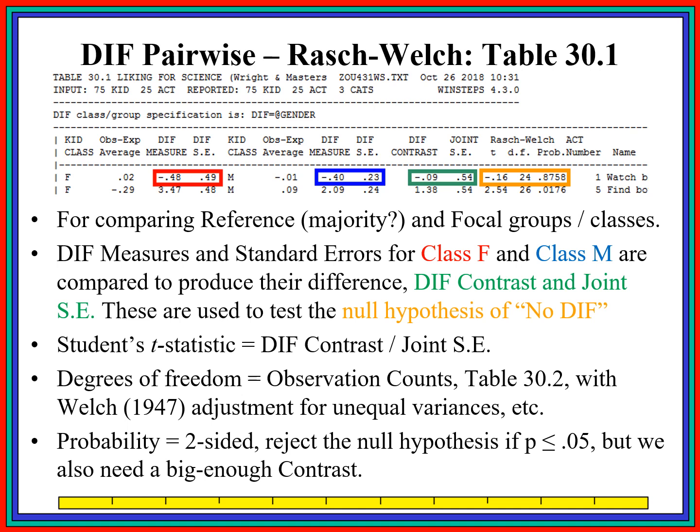And this is the traditional way to do diff analysis. One group is labeled the reference group. It's usually the bigger group, or the group perceived to be advantaged, that is the reference group. And the other groups are called focal groups, and they're usually smaller and perceived to be disadvantaged.